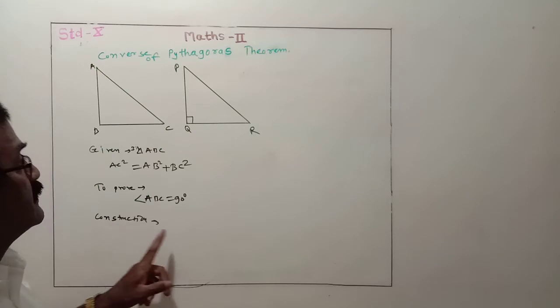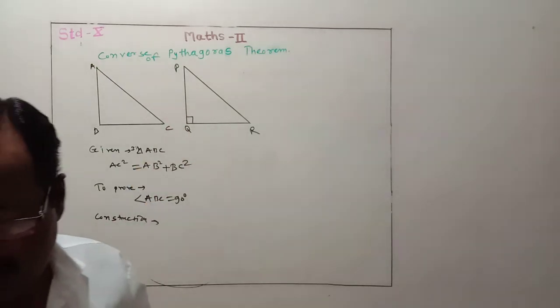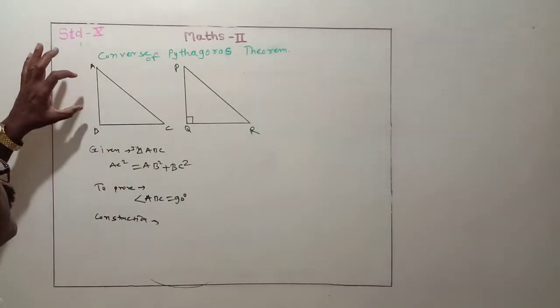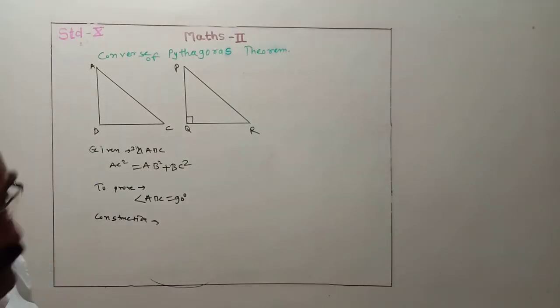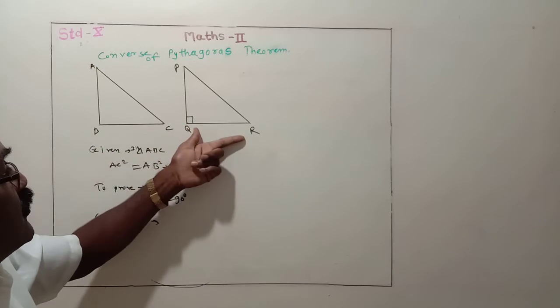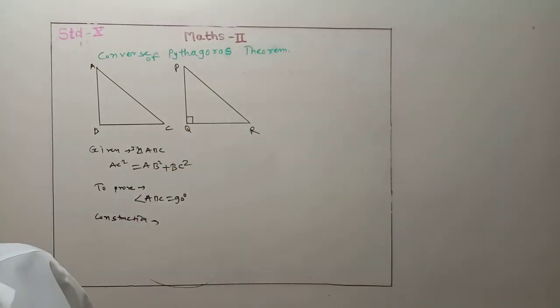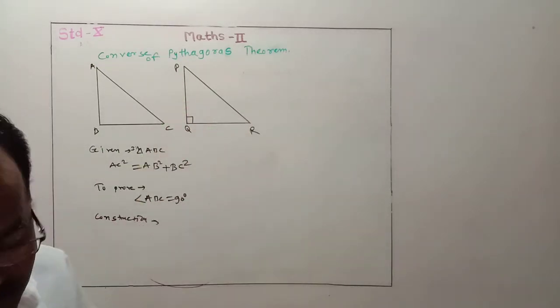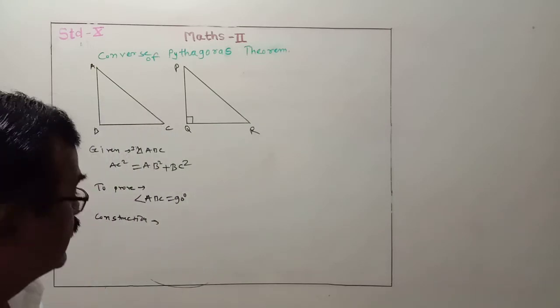Construction: draw triangle PQR. In PQR, PQ is equal to AB, BC is equal to QR, and angle PQR is 90 degrees. Then how to prove?